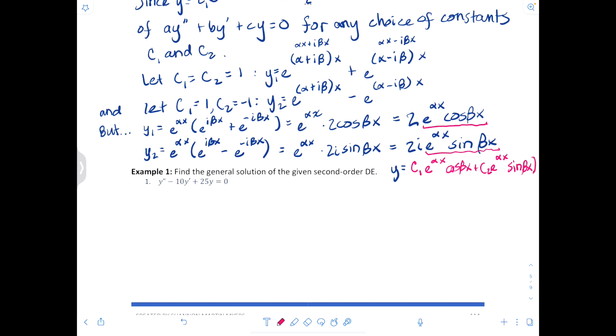And factoring out the e to the alpha x, we would just get e to the alpha x times C1 cosine beta x plus C2 sine beta x.